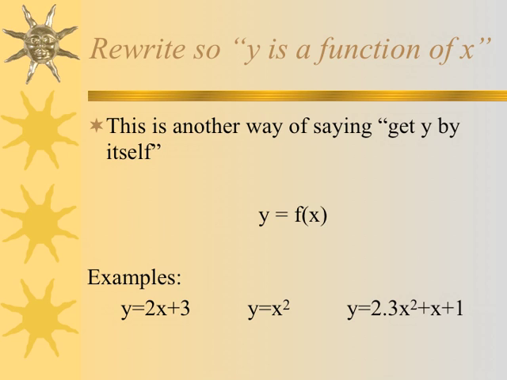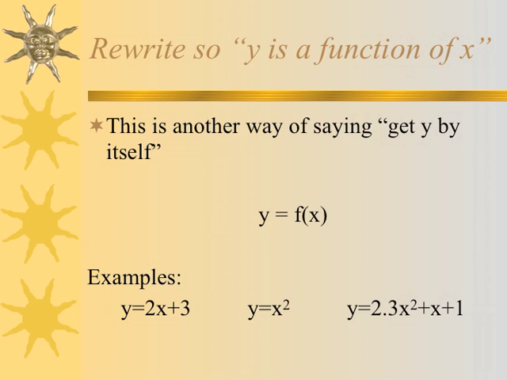This may also be written as rewrite an expression so that y is a function of x. This is still another way of saying that we get y all by itself. It's a way of saying that we isolate y so that what's left on the other side of the equation is an expression that only depends on what number you drop in for x.